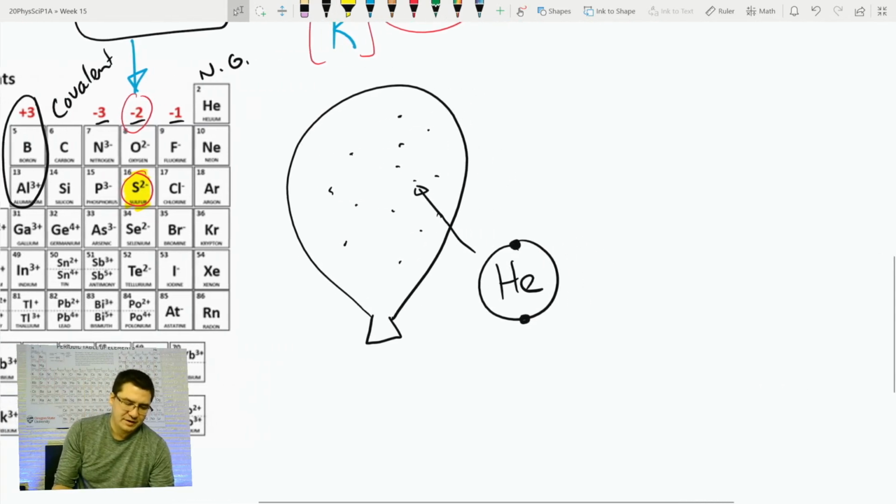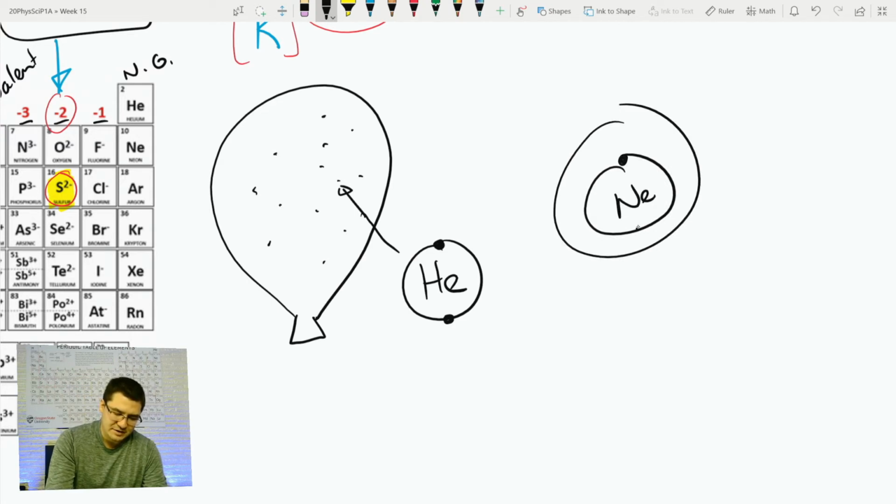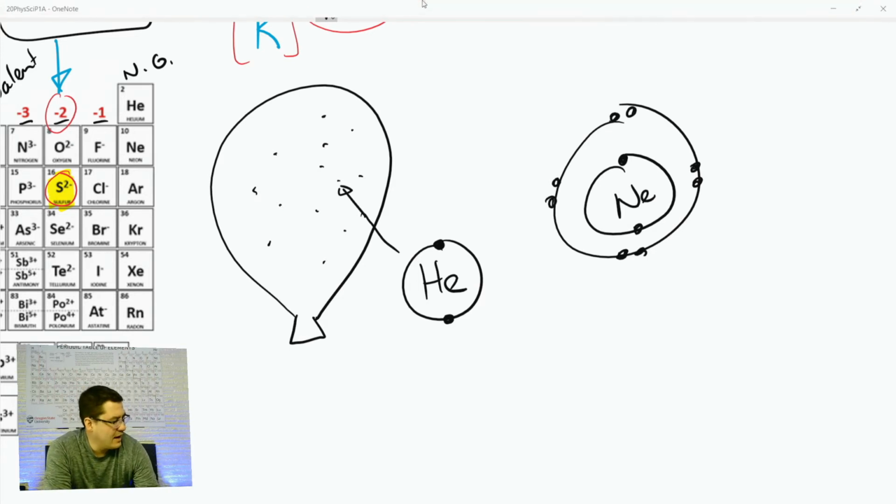And if we were to look inside a neon sign, you've got neon, oops, I'm going to do 2 shells of electrons, 1, 2, 3, 4, 5, 6, 7, 8, 9, 10. Just a quick reminder, neon is happy because it's already got a full octet of electrons. So it's not looking to gain or lose.